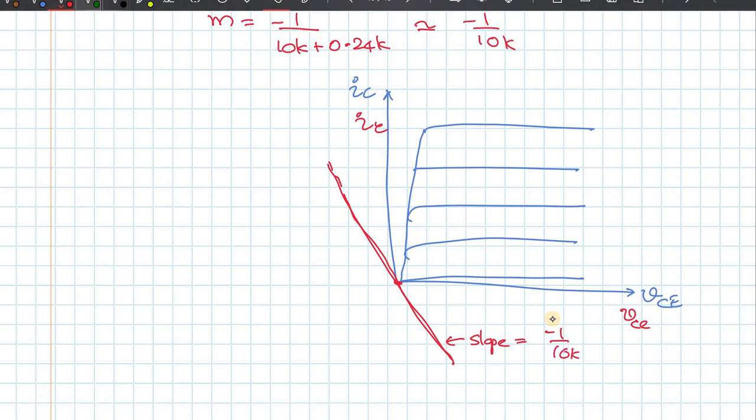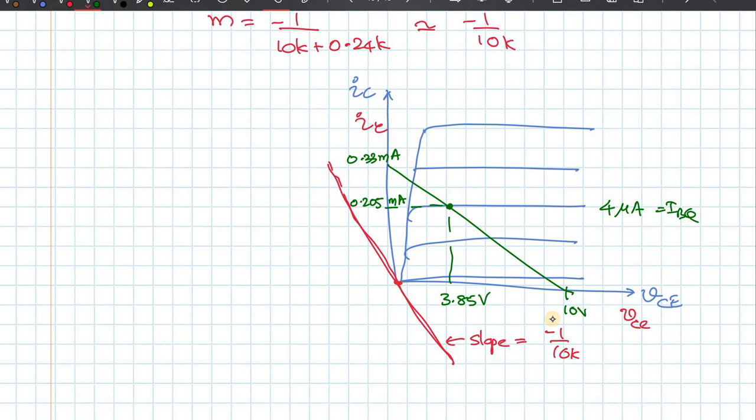Now our DC load line was something like this, and this was 4 microamperes IB. So this was something like 0.205 milliamperes and 3.85 volts.